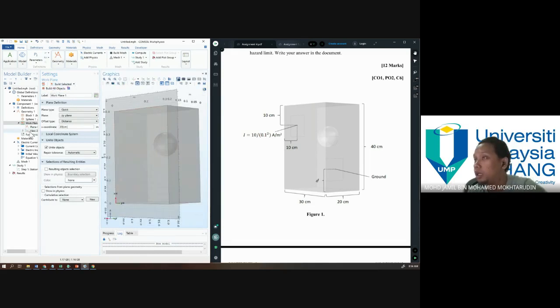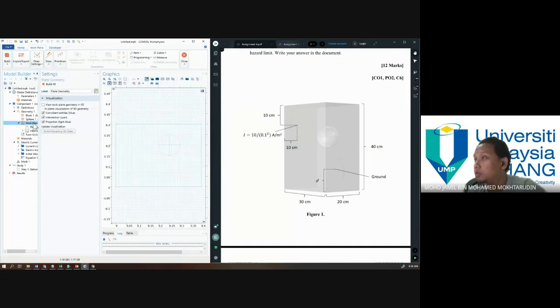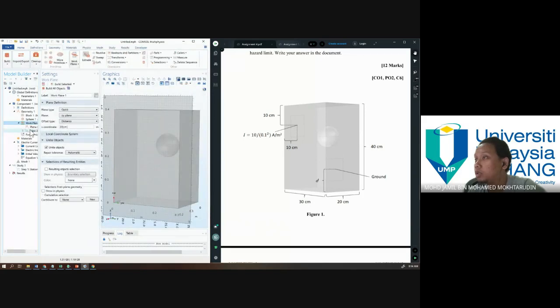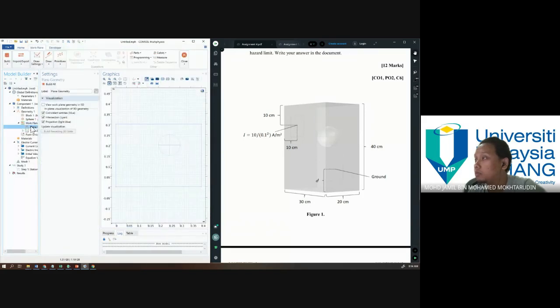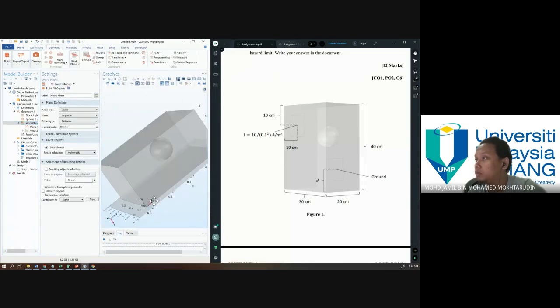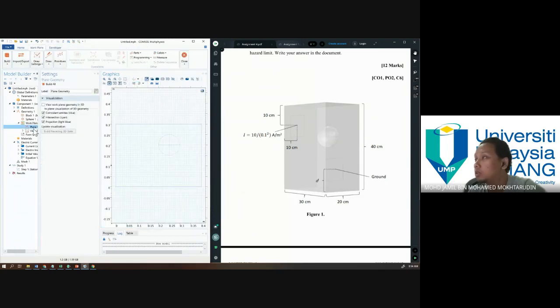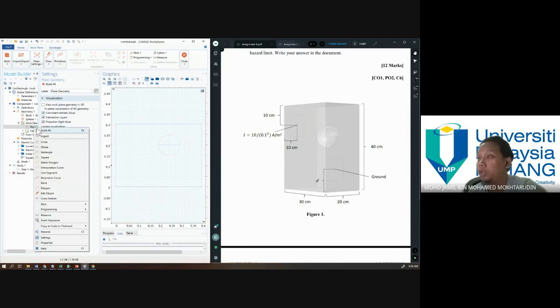And then we need to draw the electrode here. Okay, so I think the step is similar to the one in the slide. Okay, so whichever way you draw, as long as you get this correct, it should be okay.